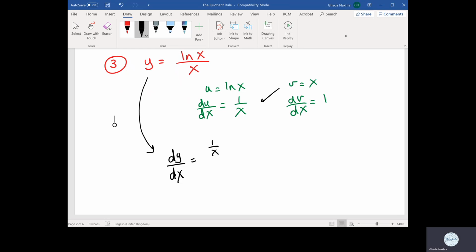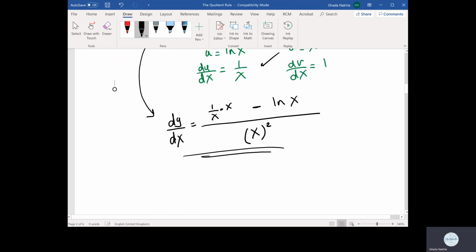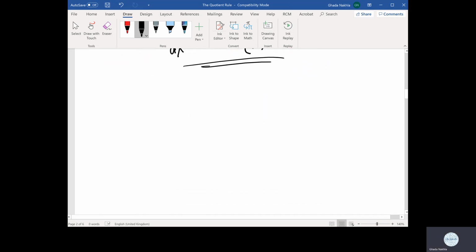So it's 1 over x times x minus ln of x times 1 divided by v squared, which is x squared. And then you can simplify. This will become 1, and obviously you can simplify it or leave it. It doesn't really matter. Okay, let's take a look at the next example.